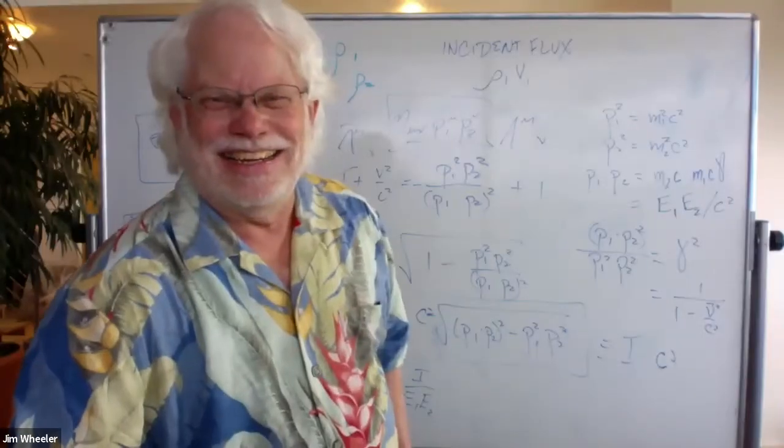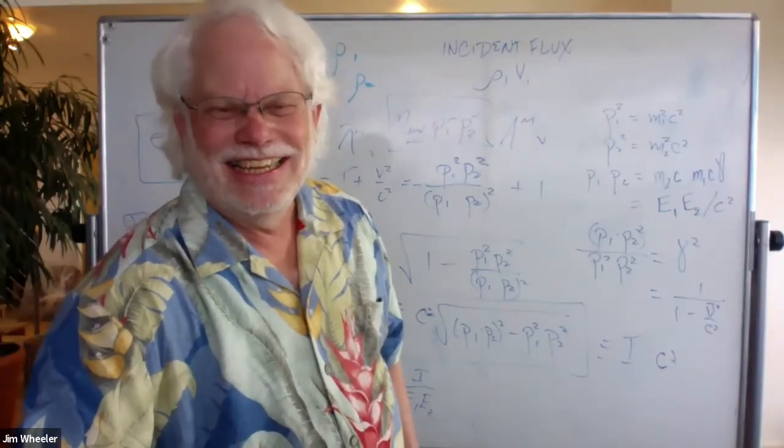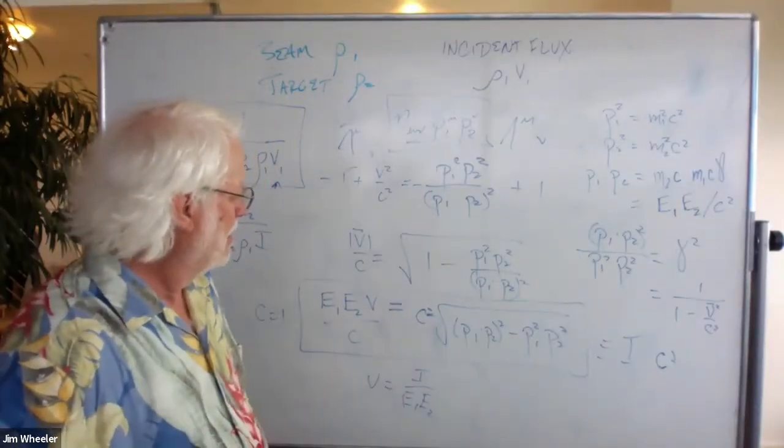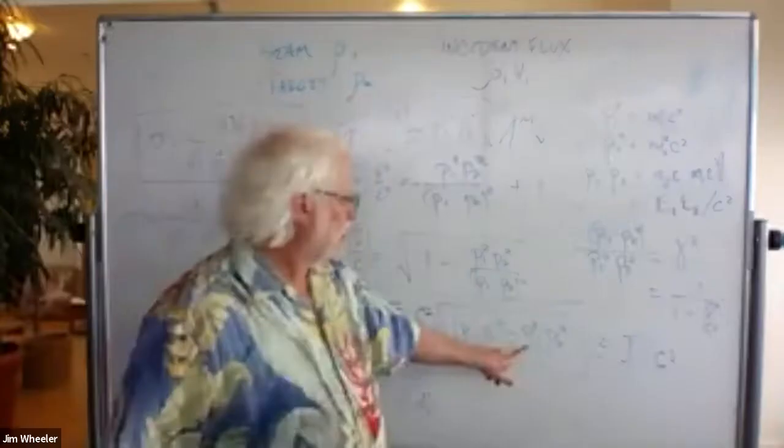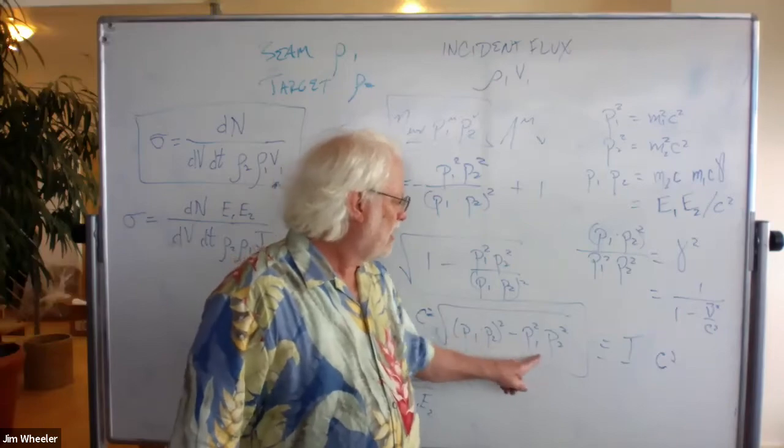Professor? Yes, Alex. Can I play voodoo scientist again really quick? Go for it. What you got? I just noticed on that invariant that you wrote down, if you divide both by c squared and identify the energy with the mass of each particle, then it looks like mass times mass. This equation that you boxed, I'm looking at the left side.